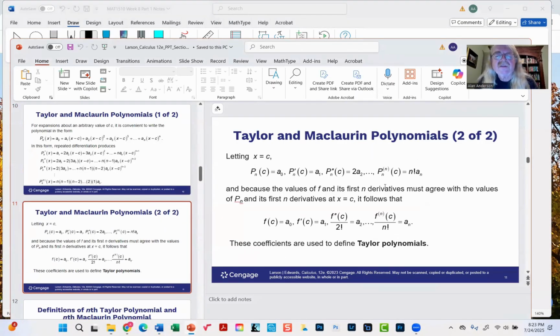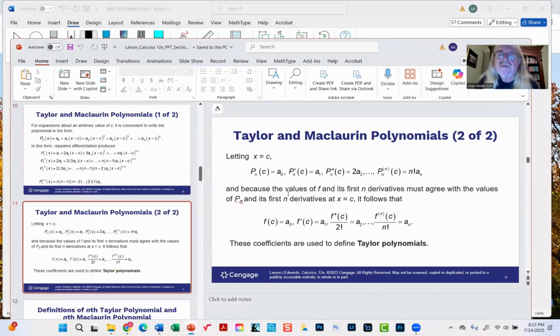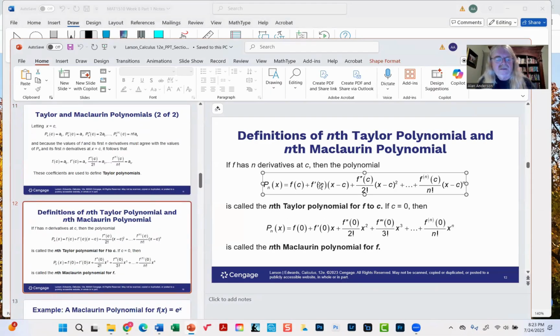These actual coefficients, a0, a1, a2, we need some kind of a functional form for each one. So what they've done here is they've shown you that if we keep differentiating this polynomial enough times, we could show that the final result would look like this right here.